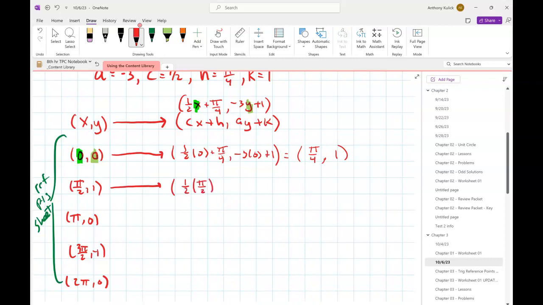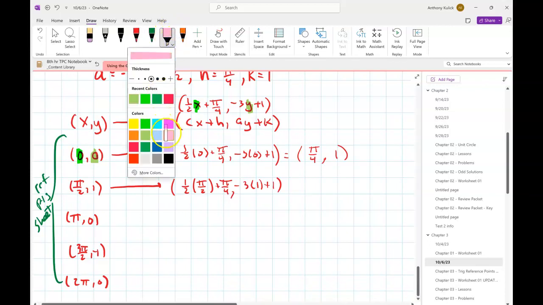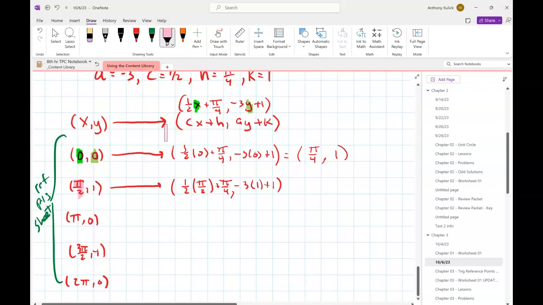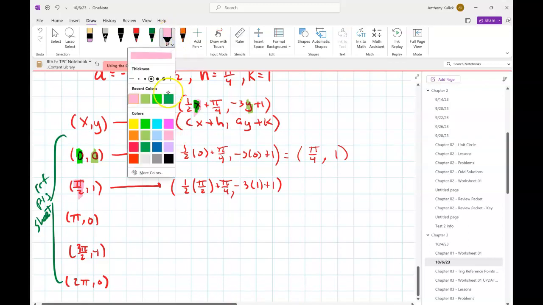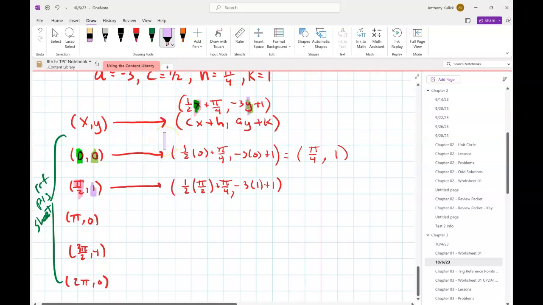And now I'm just going to... Oh, so are we always using 1/2 and then pi over 4, and then just plugging those in parentheses next to it? Every time I'm plugging into the x and plugging into the y.